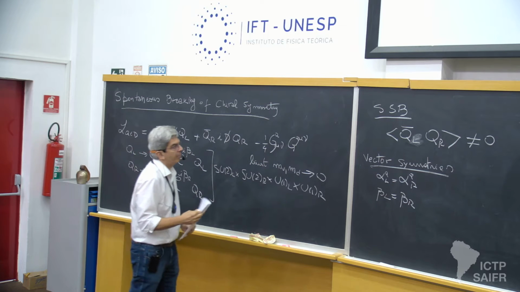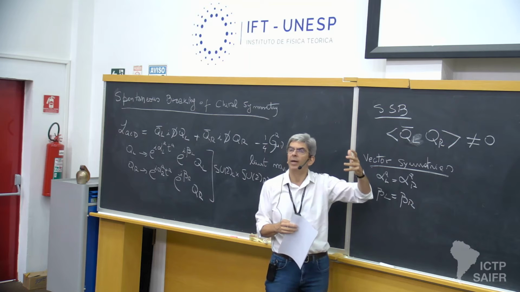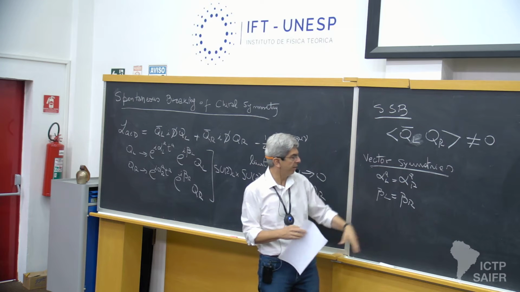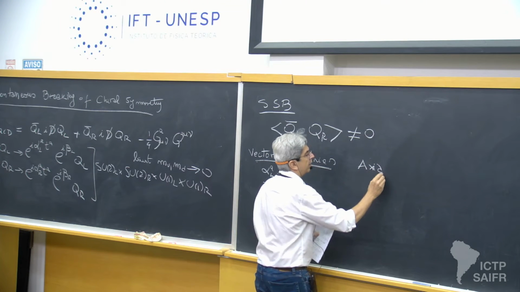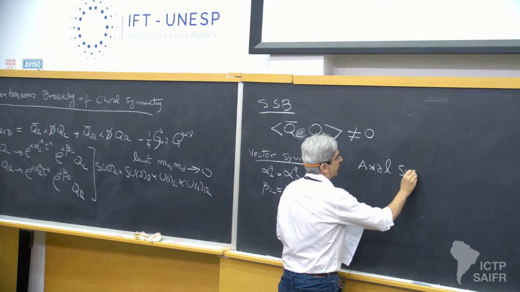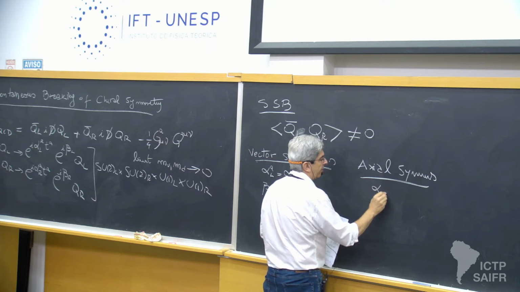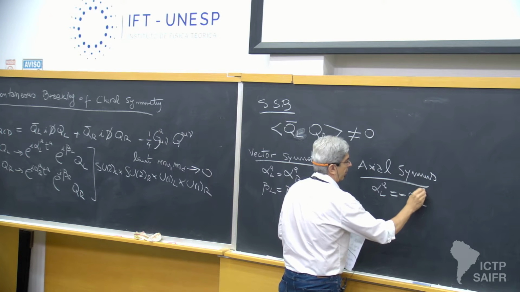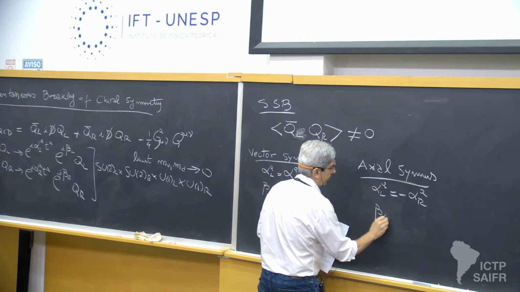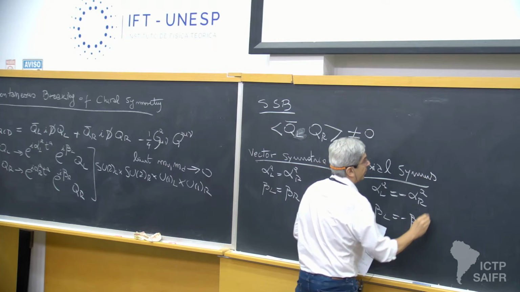In other words, the mass operator does not break this part of the symmetry, whereas the axial symmetries are not respected. And the axial symmetries are when alpha left is equal to minus alpha right, and when beta left is equal to minus beta right.